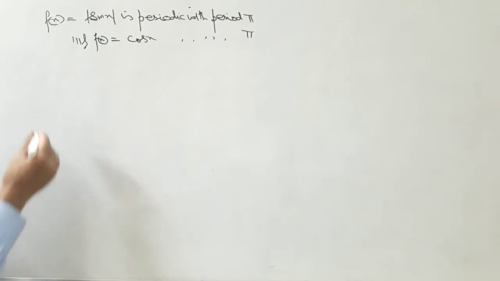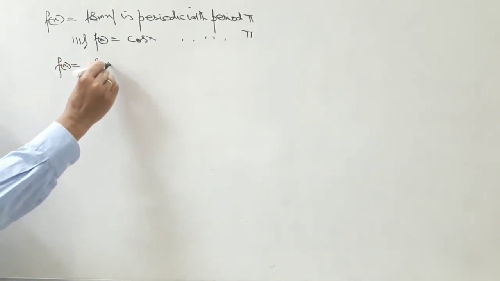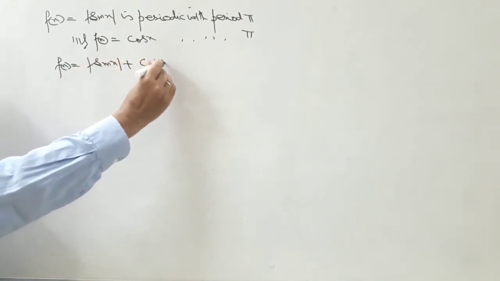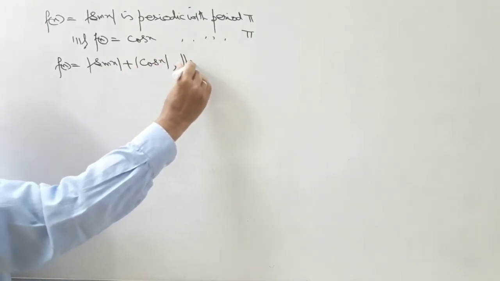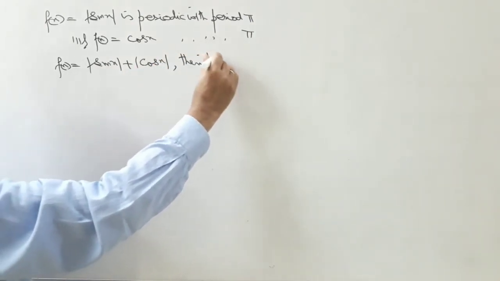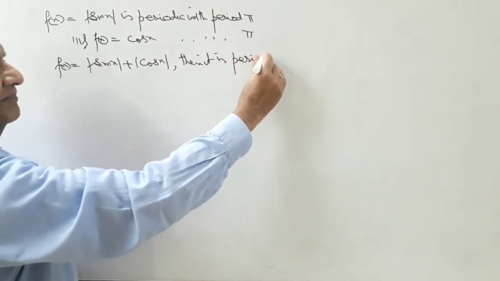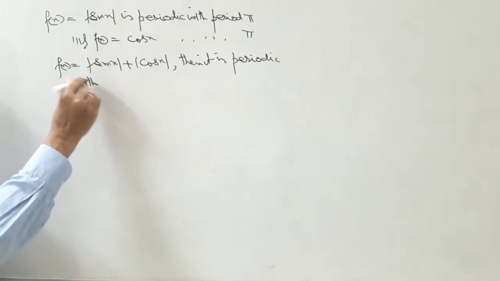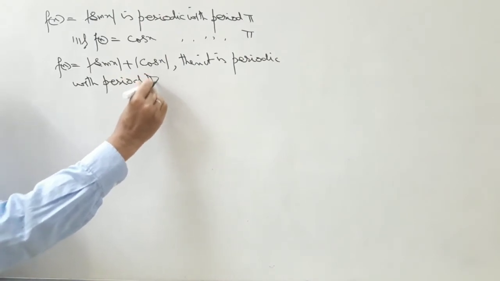But if you have f(x) is equal to modulus of sin x plus modulus of cos x, then it is periodic with the period pi by 2.